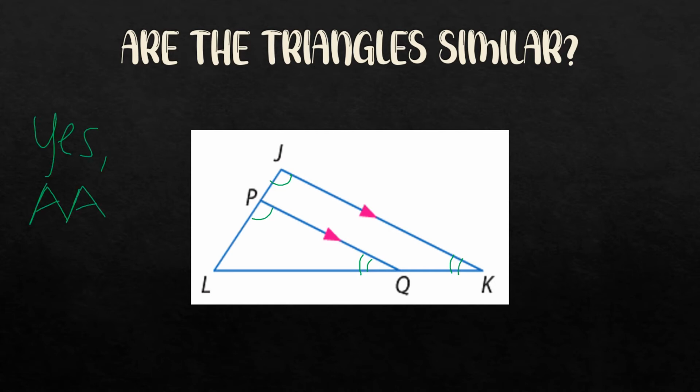It didn't work for congruence, but it does work for similarity. And if I'm going to say a similarity statement, triangle PQL is similar to triangle JKL. Remember that the order is really important when writing a similarity statement. There is more than one way to write it, but there are definitely correct ways and incorrect ways.